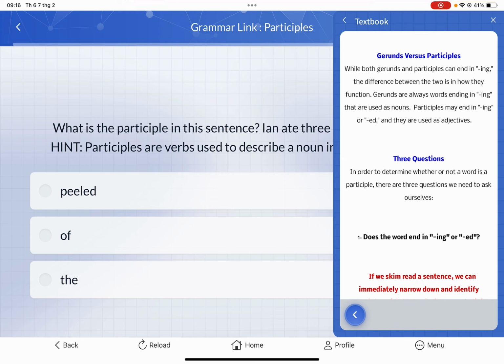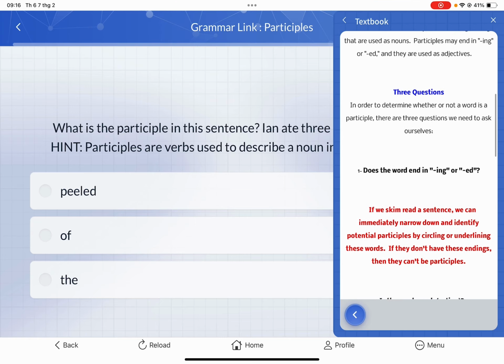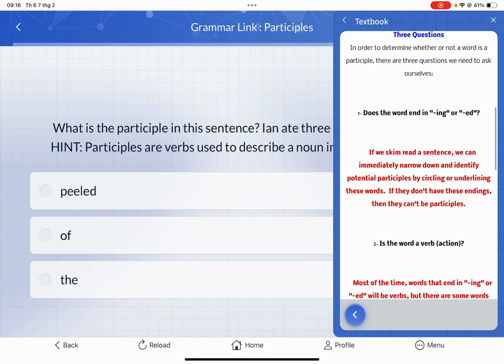But participles may end in ing or ed, and they are used as adjectives, not as nouns. It's tricky to find out which one is a participle and which one is a gerund.